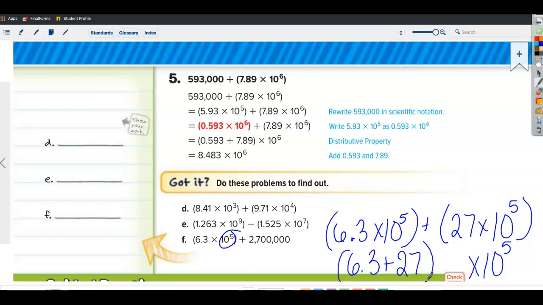What do I get when I add my decimals? What'd you get, Bailey? Okay, so I didn't write enough for him. So you got 33.3 times 10 to the 5th, right? Is that scientific notation, Adriana? No. So what do I have to do?